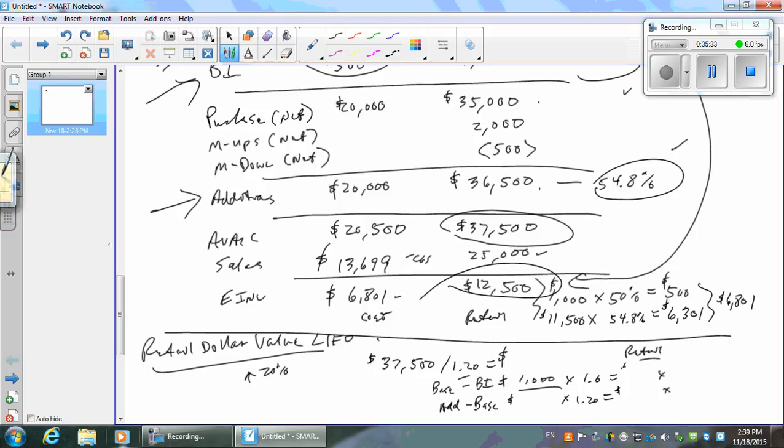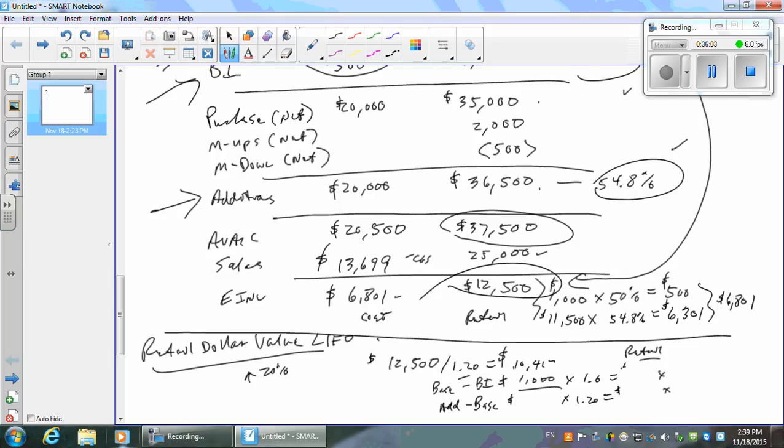Come on, Keith. It'd be 12.5, but then what would you want to do to that 12.5? So you divide 12.5 by 1.2? Yes, okay, that's it. So if I had 12.5 at year-end dollars, divided by 1.2 to get my inventory in base year dollars, how much is that? 10,417.